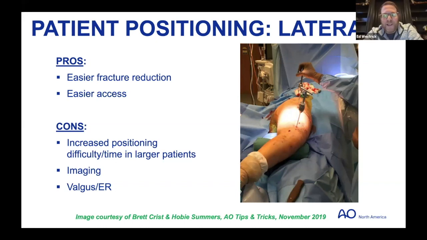The other issue with lateral positioning is a lot of these patients have other injuries, whether it's a head injury, pelvic ring, acetabulum, some other injury in their profile that prohibits lateral positioning.